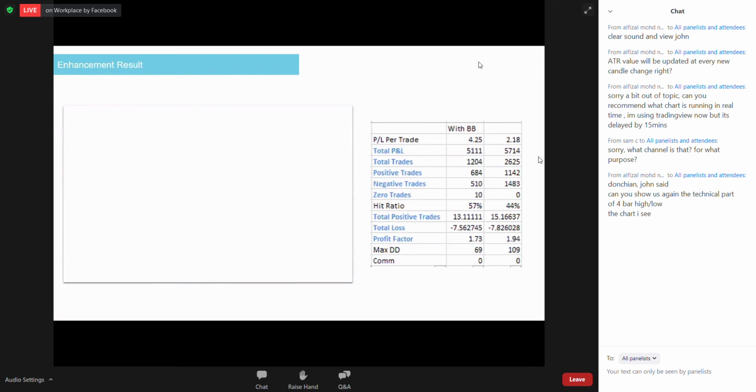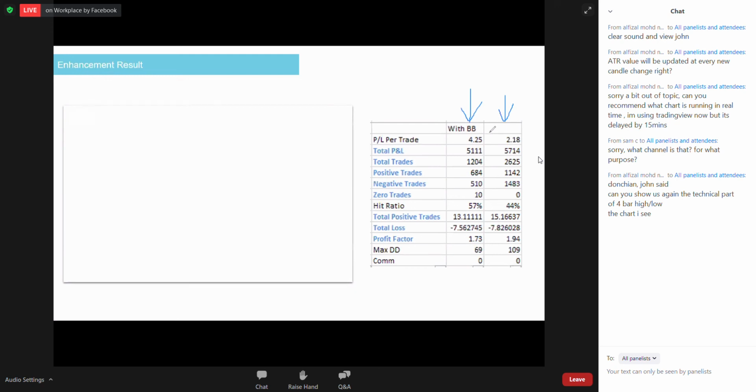So this table, we have 2 tables here. This one is without Bollinger Band, and this is with Bollinger Band. The first data set is what we illustrated earlier. We earn 5,007 points. Remember that 125,000? We have 2,600 trades. We have a 44% winning ratio.